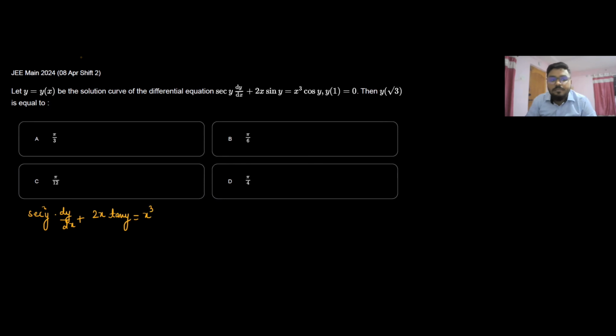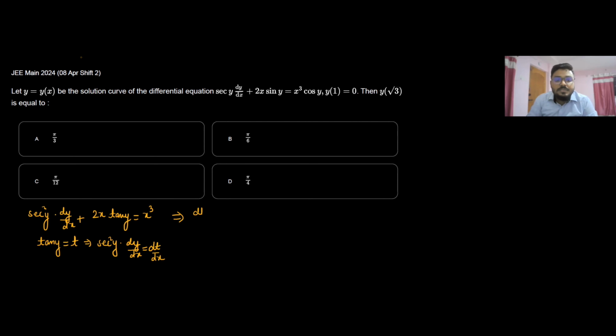Cos y is gone. So here, if we assume tan y as t, then secant square y into dy by dx is equal to dt by dx.